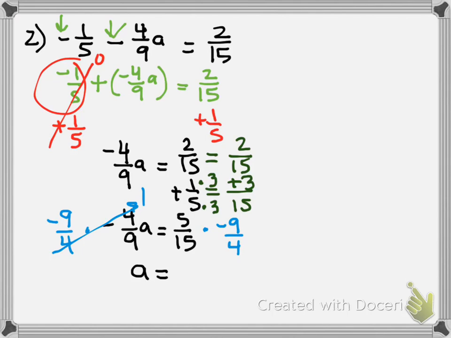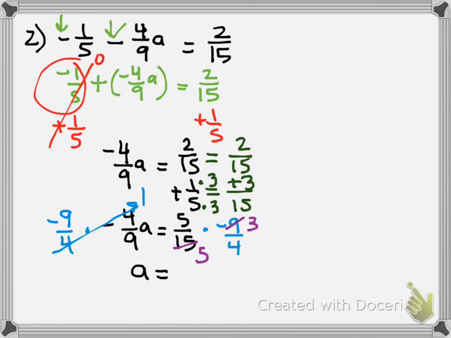And then over on this side, I'm going to see if there's anything that I can cancel. What do you guys see that I could cancel out? 9 and 15 share 3 in common, so 9 divided by 3 is 3, and 15 divided by 3 is 5. Anything else that I could cancel out? Brandon?